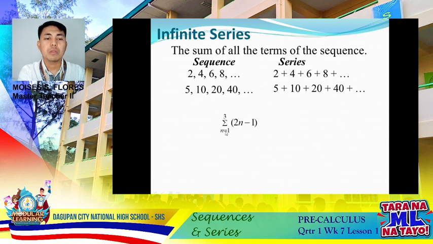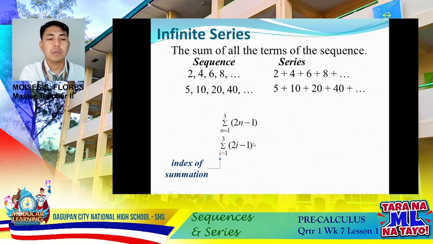Now this is our general term, and this denotes your index of summation. Some other textbooks use i instead of n. So again, we have the sum of the quantity 2i minus 1 as i goes from 1 to 3.